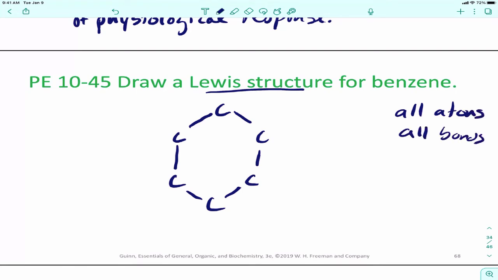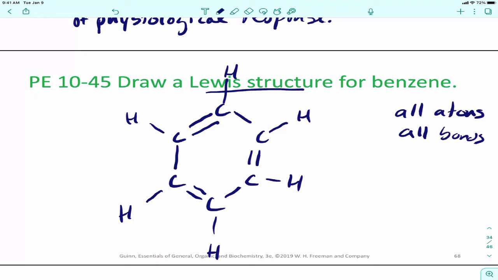I need to show alternating single and double bonds, so let me draw in 3 double bonds. Each carbon is going to have 1 hydrogen. Okay, and there it is. That's your structure for benzene.